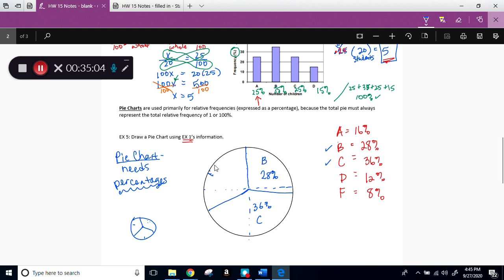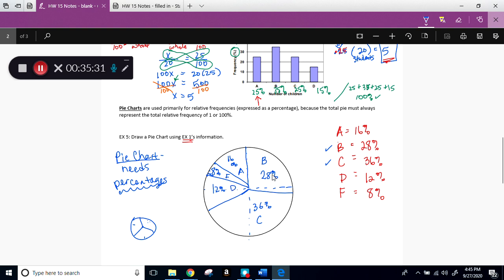Maybe I'll come up here and do it up here. That's the percent, which is A. And then I've got 12 and 8. And that is the F's, which is good. That's the smallest one. And D.